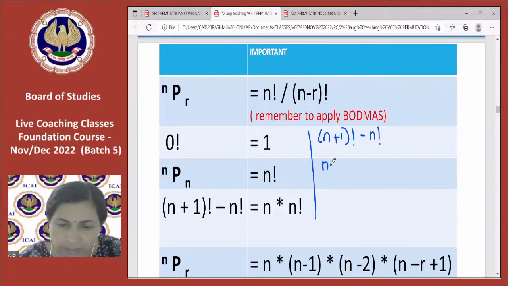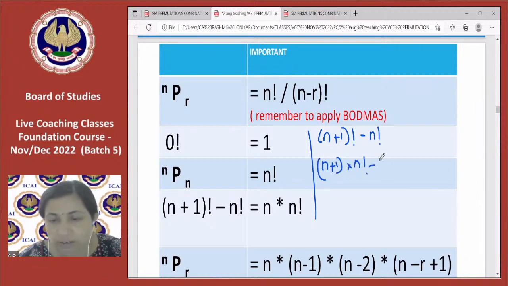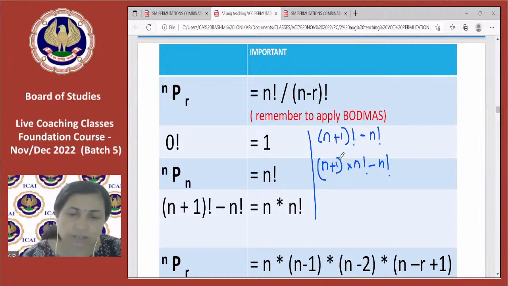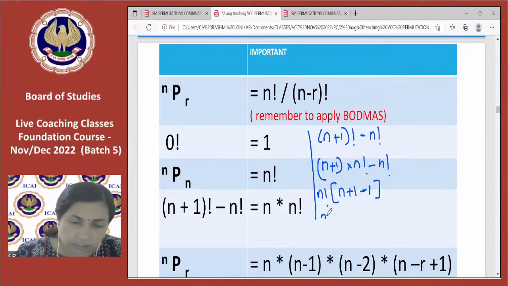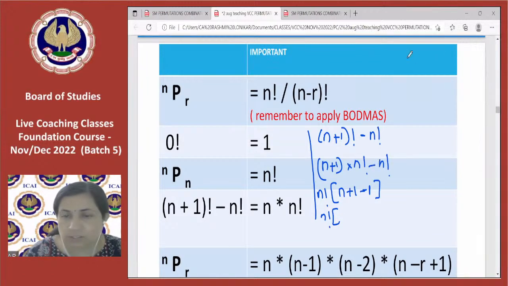So this will be n plus 1 into n factorial minus n factorial. This n plus 1 factorial is written as n plus 1 into n factorial. I take out common n factorial into the bracket n plus 1 and minus. If I take out n factorial, what will remain is minus 1. So this is n factorial, and plus 1 minus 1 will get cancelled.